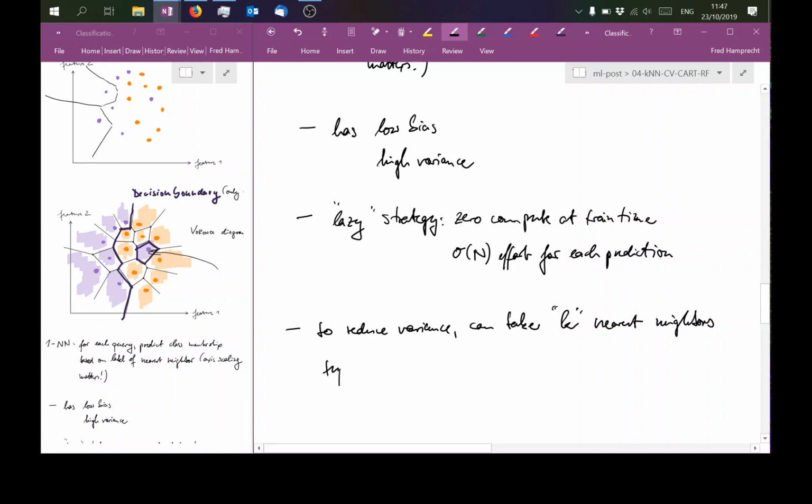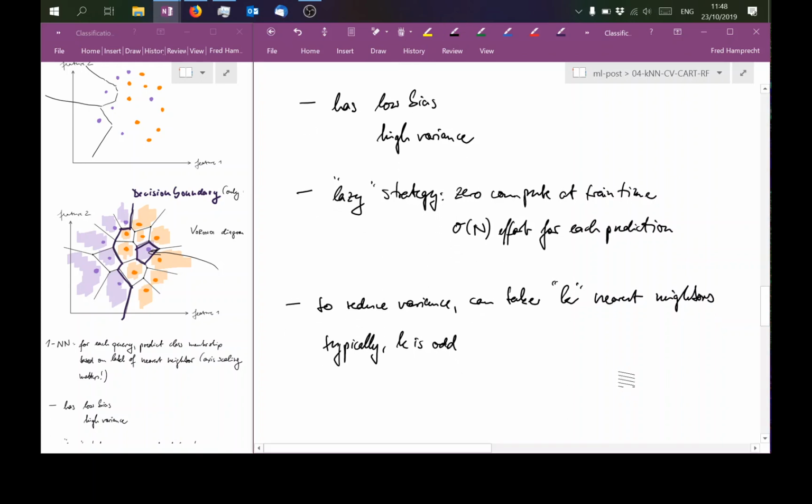Typically, k will be an odd number, because if we do k equals 2, and we find one orange and one purple, then we still don't really know what to do. So it's typical to take k being 1, 3, 5, etc. And this helps reduce variance.